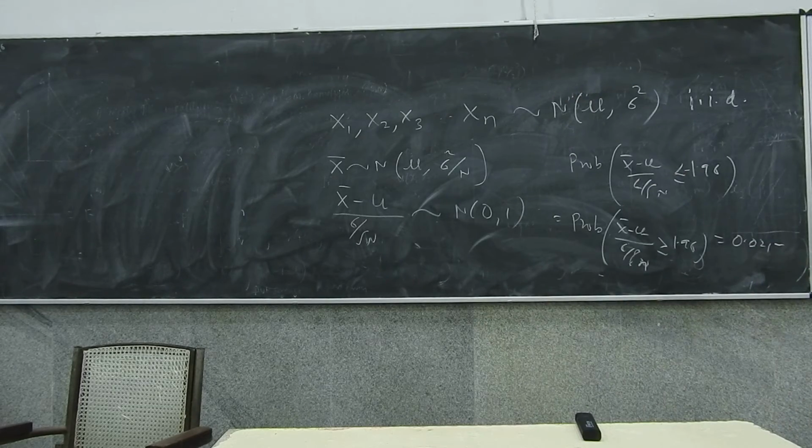There is a 2.5% chance that this value is less than minus 1.96 or greater than plus 1.96. So we get this.